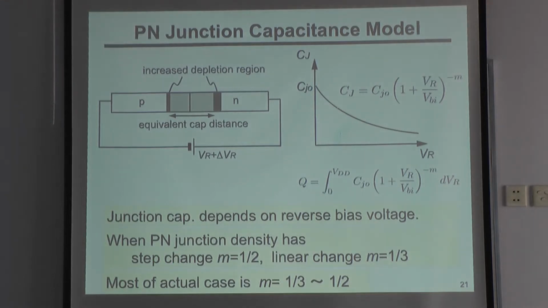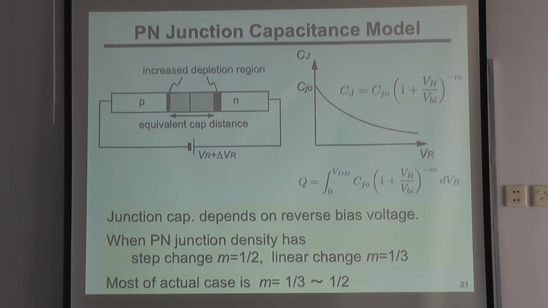When the PN junction is a step change, completely P on one side and completely N on the other, M becomes 1/2. When the P density and N density change linearly, it becomes 1/3. So most actual cases are between 1/3 and 1/2.